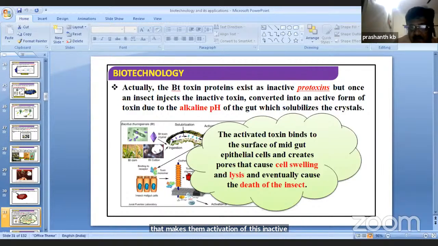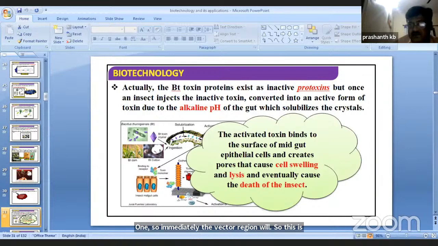Now, immediately what happens? The crystal binds to the membrane and blocks the central dogma of this worm. So immediately the gut region cells will die. Is it clear? This is the simplest way.